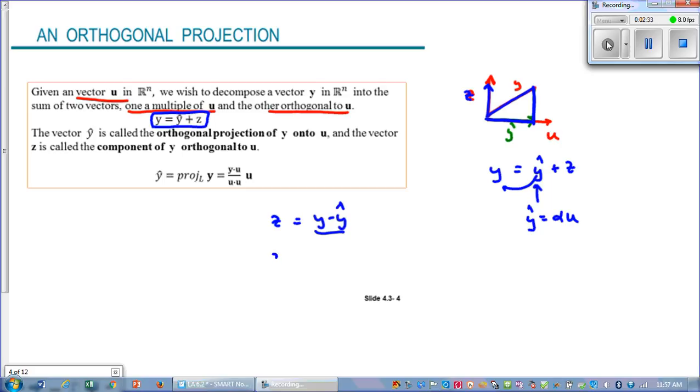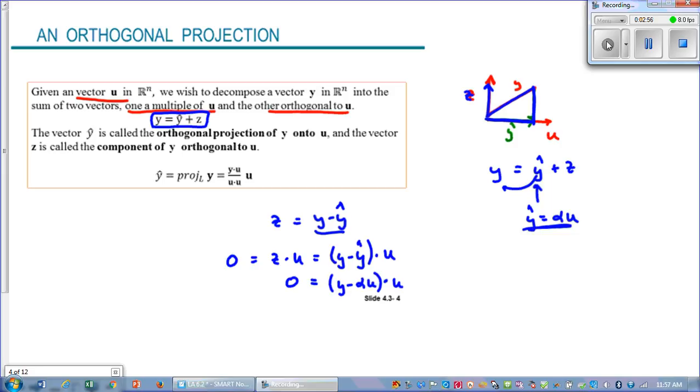Since z and u are orthogonal, their dot product is 0. That's the same thing as y minus y hat dotted with u. But remember, y hat is in the same direction as u, so that's equivalent to y minus alpha times u, dotted with u.